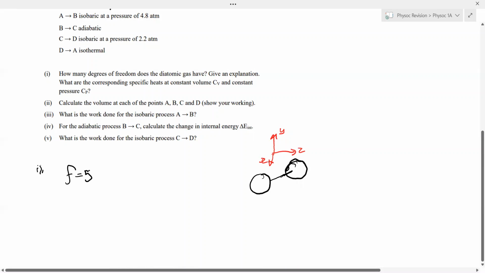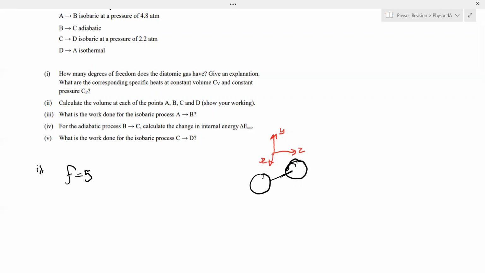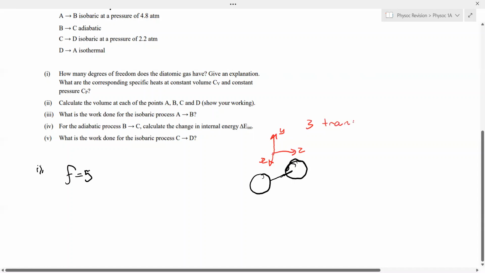If you moved any way purely in the Z direction, you're never going to be able to explain to me how much you've moved in the Z direction using only X and Y. So they're 3 unique translational directions. So 3 translational degrees of freedom.